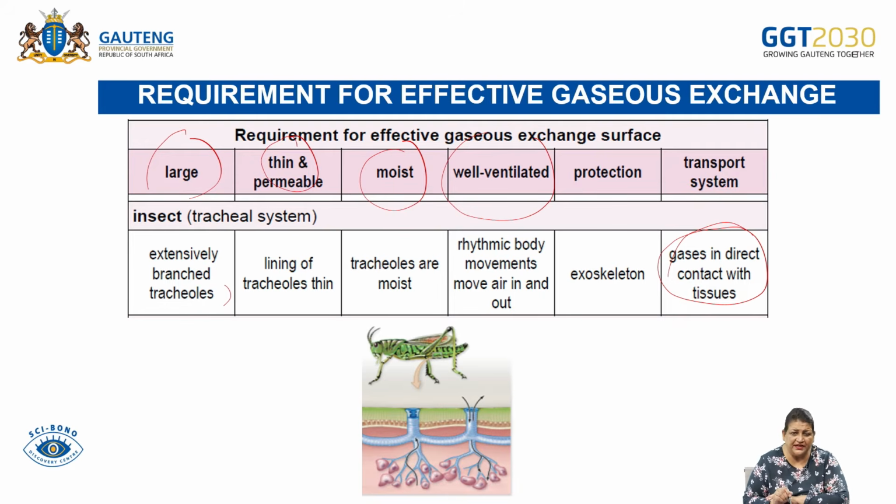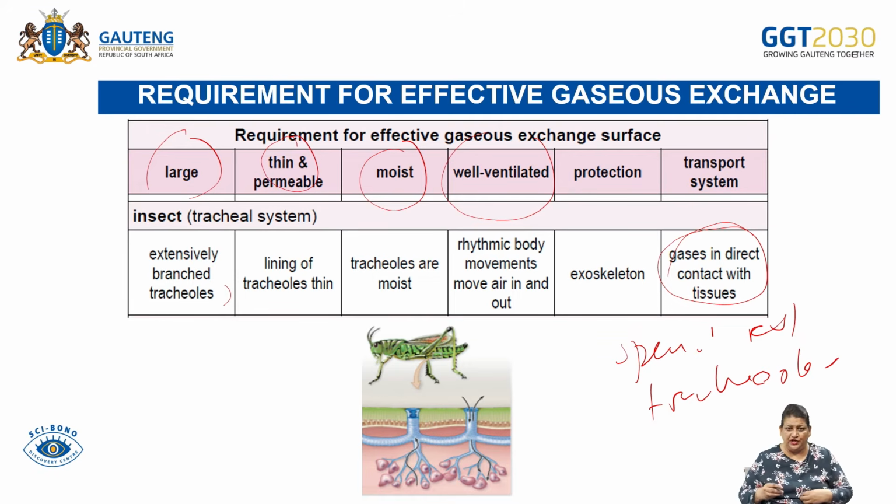It is well ventilated because it has special tracheoles that lead to the openings of the locust on the outside. But thin is not satisfied because the locust's exoskeleton is quite thick and hard. And also there are small cells compared to its volume, and therefore it needs a special respiratory system, which we have by means of the tracheoles, which look like little bronchioles.